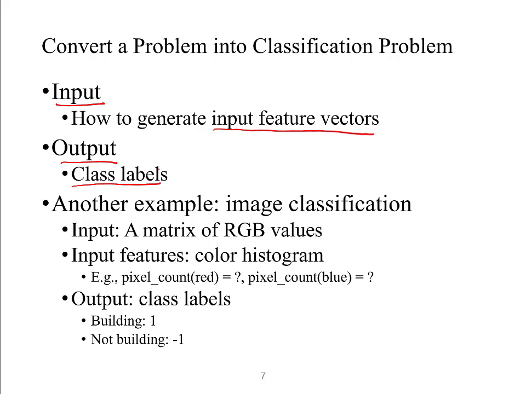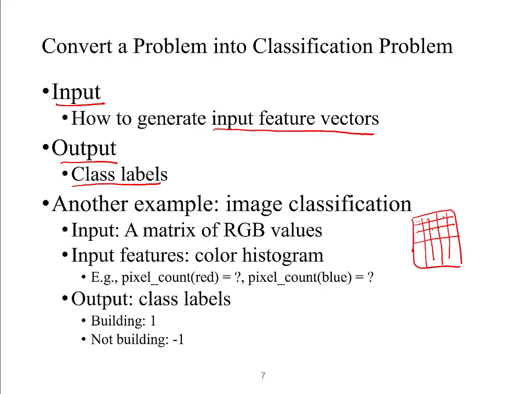All right. And just to take another small example, image classification, where the input would be a matrix of RGB values. Basically, an image of this size would have pixels, and each pixel is represented by an RGB value. So you would have a matrix, where each cell corresponds to a single pixel, and the value is its corresponding RGB values.